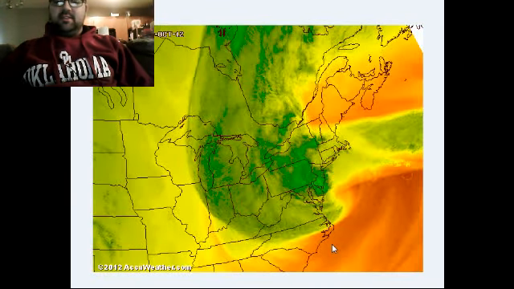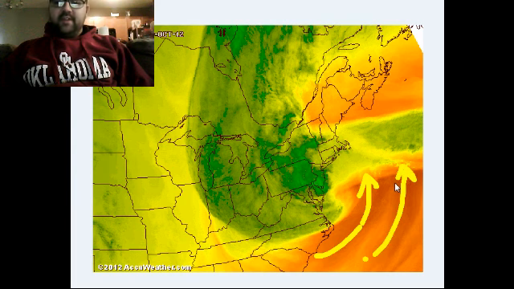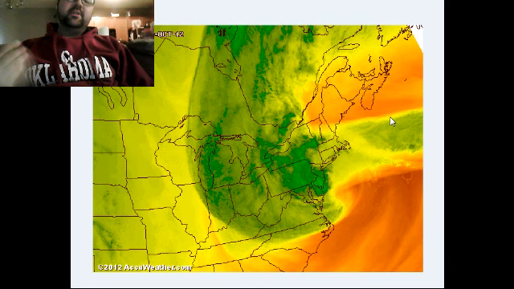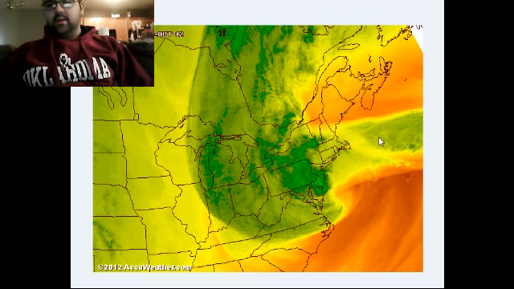Let's take a look. This is the water vapor imagery, and you can see dry air starting to move into the south side of Sandy, and Sandy is making that transition now from a tropical to an extratropical storm. Basically, what that means is it's losing its tropical characteristics as far as core temperature as well as moisture. That's a whole different subject we're not going to get into.